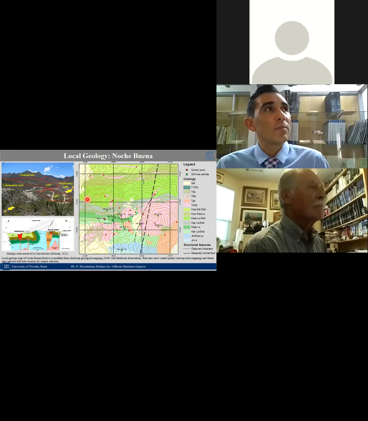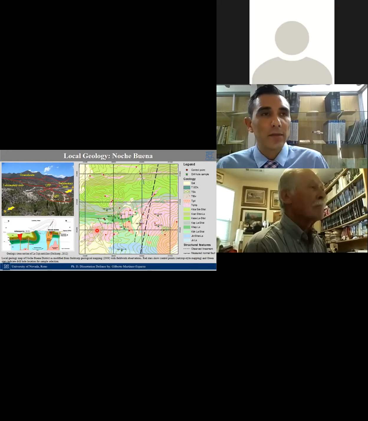This is one portion of the entire Nochebuena district, but as I mentioned, all the localities were within the Goldcorp claims. Commonly, the Nochebuena district is associated with a style of mineralization including chimneys and mantle replacement. But here specifically, the exploration was focusing on the porphyry type mineralization.